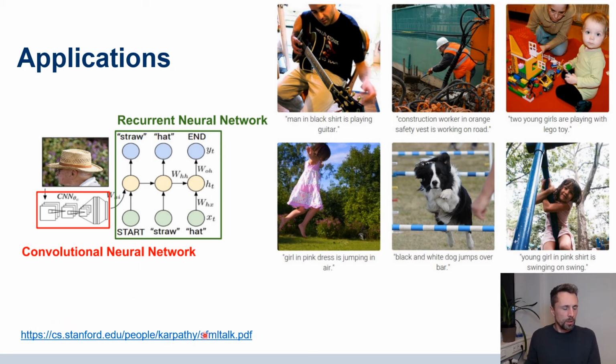You can also see this in a talk on recurrent networks here. The problem statement is, given an image, generate text that is a description of the image. So image captioning.